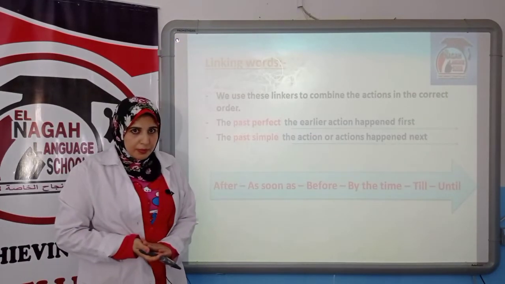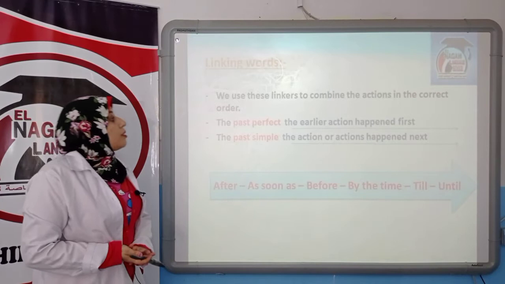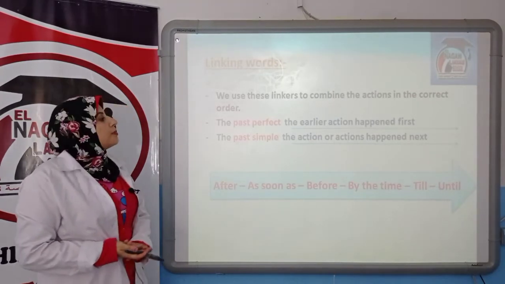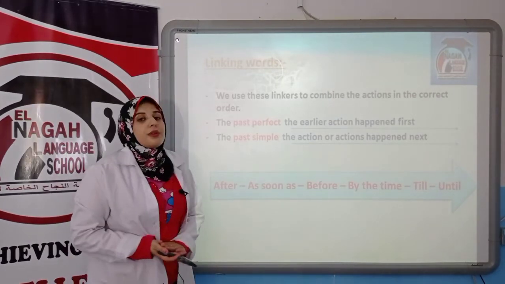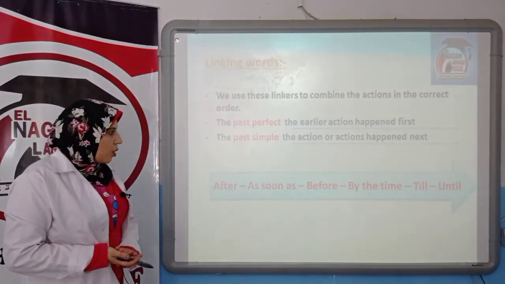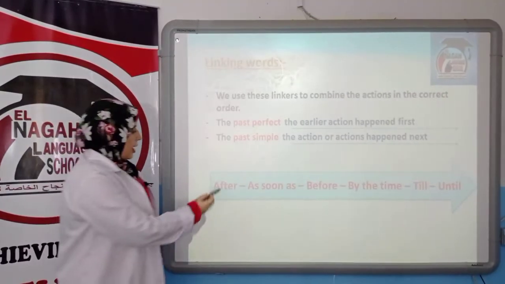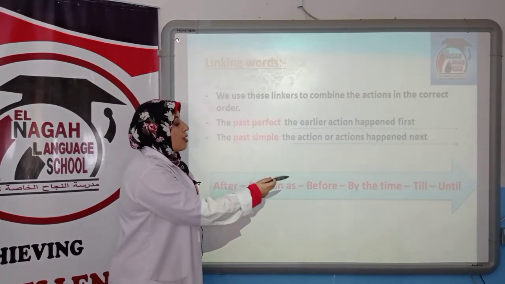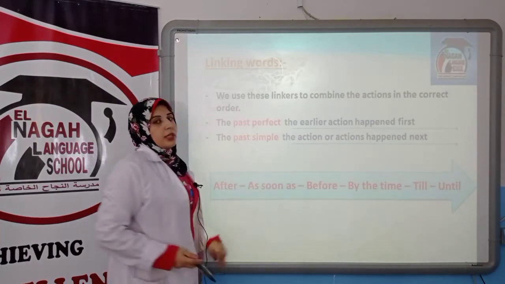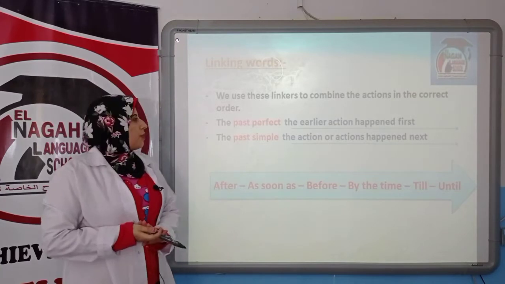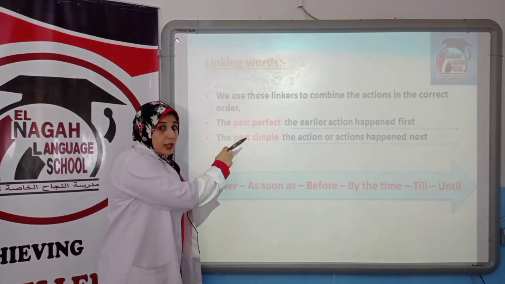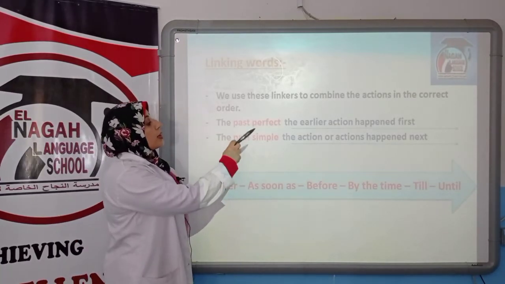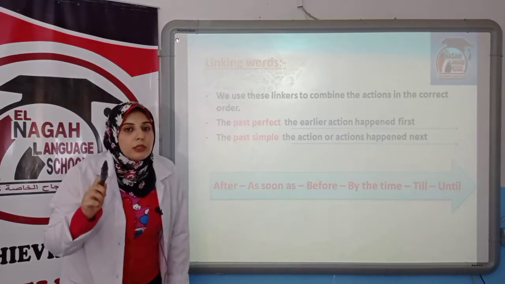Linking words. We use linkers to combine the actions in the correct order. These linkers are after, as soon as, before, by the time, till, and until. But take care. The past perfect is used with the earlier action, which happened first.